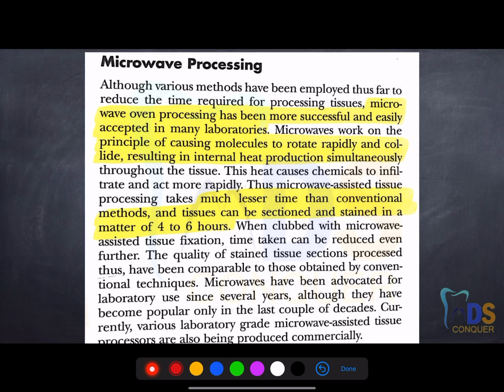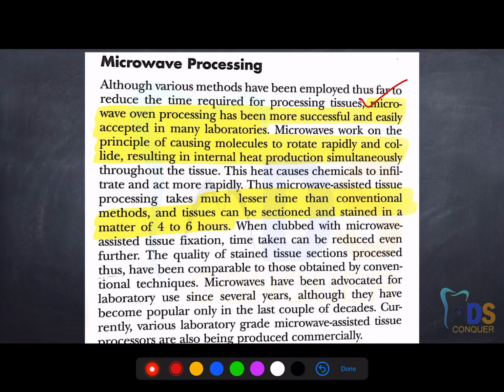So microwave processing, these are some advanced histological things which are frequently asked nowadays in the examination. Microwave oven processing has been successful and easily accepted in many laboratories. And microwave works on the principle of causing molecules to rotate rapidly and collide, and results in internal heat production simultaneously.